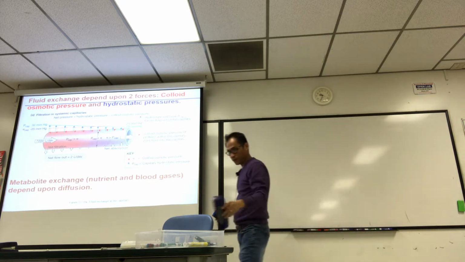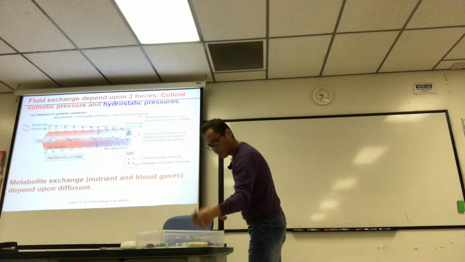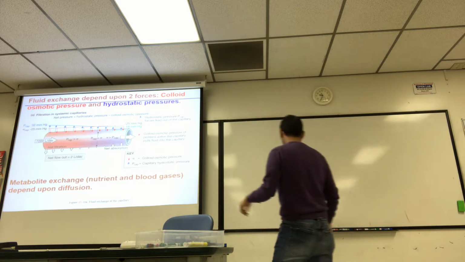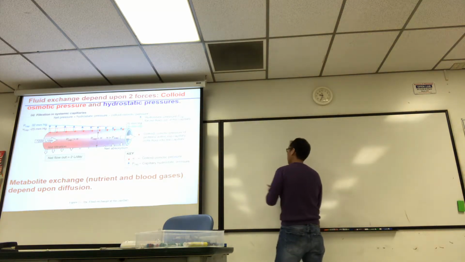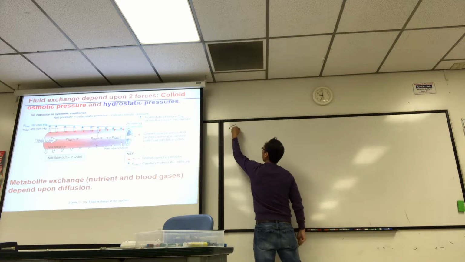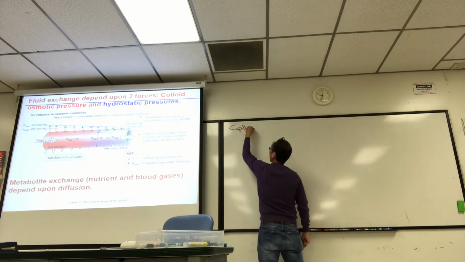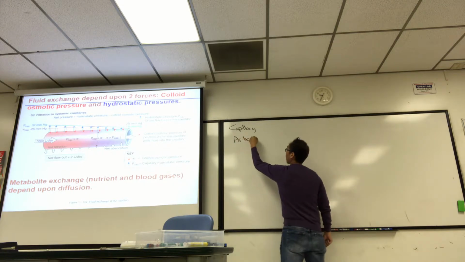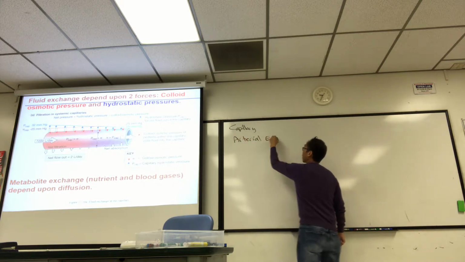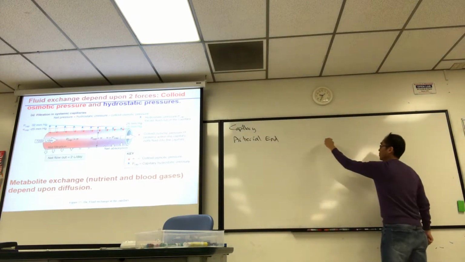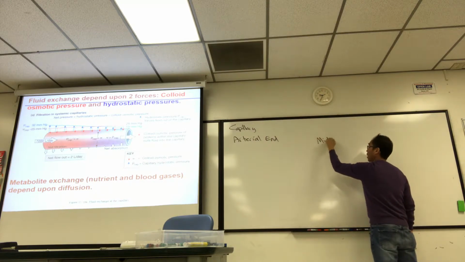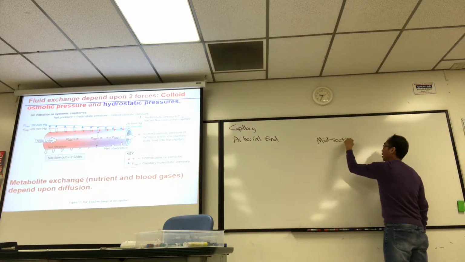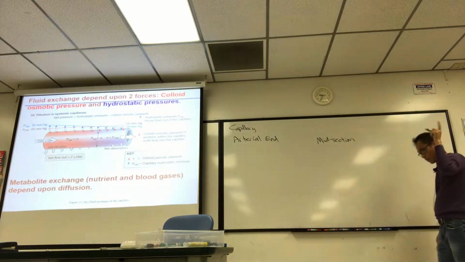So what we have here, I'll just write on the board: arterial end of the capillary, some capillary midpoint, midsection, where the pressure forces balance each other out, and the venous end.